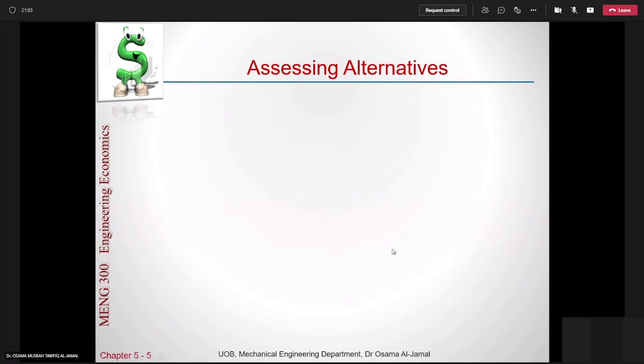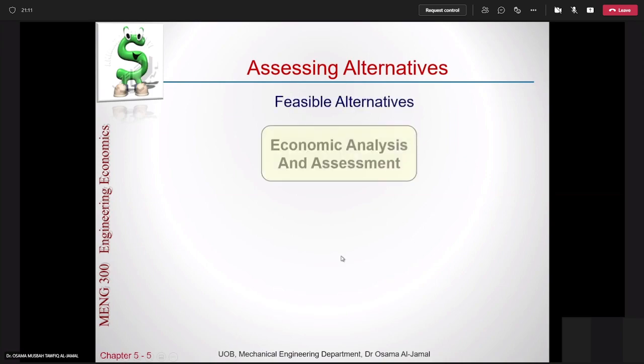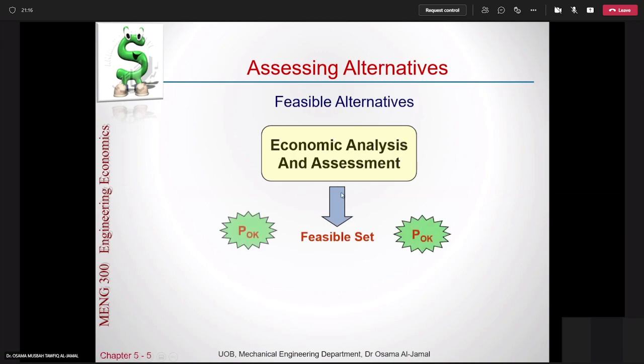Assessing alternatives. First of all, you need to pick the feasible alternatives. So, economic analysis and assessment: look for the feasible alternatives. Say, for example, we found those two are feasible, so we need to calculate the P for them. Now, in this chapter, we are talking about present worth and future worth.